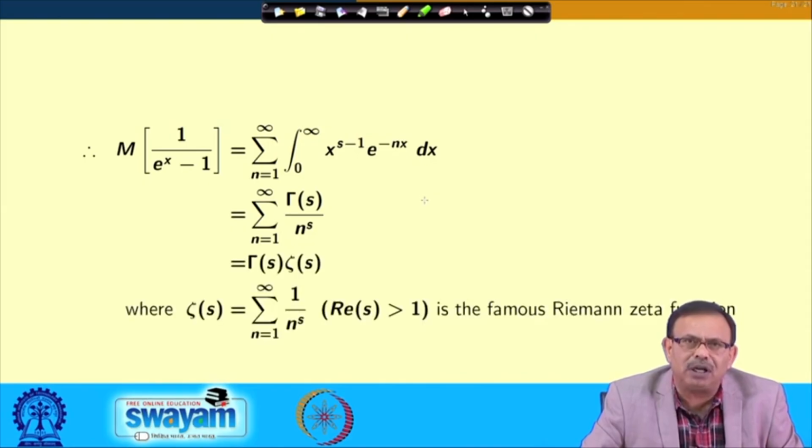This equals gamma s into zeta s, where zeta s is equal to the sum n equals 1 to infinity 1 by n to the power s, and real part of s is greater than 1, because as we have told, s is a complex number. So, this zeta function zeta s is nothing but the famous Riemann zeta function.